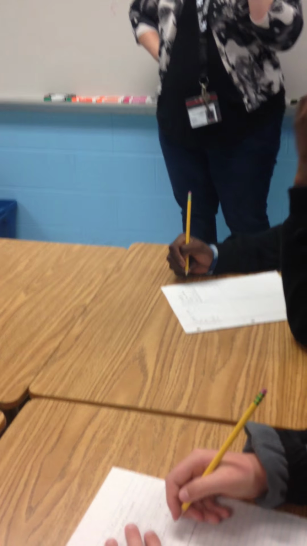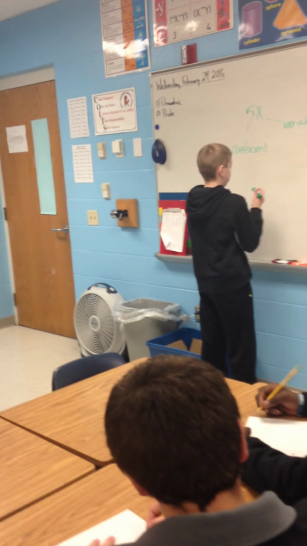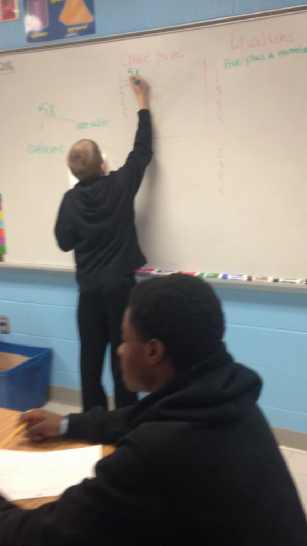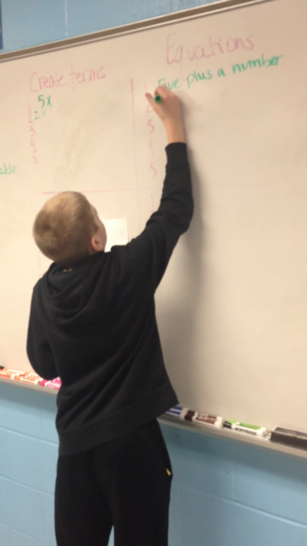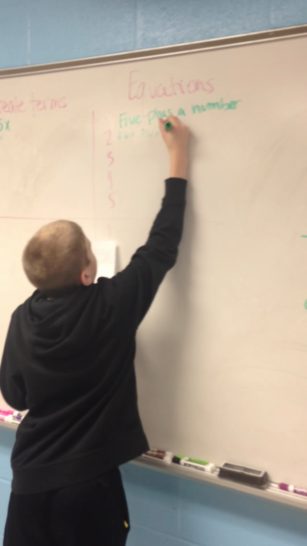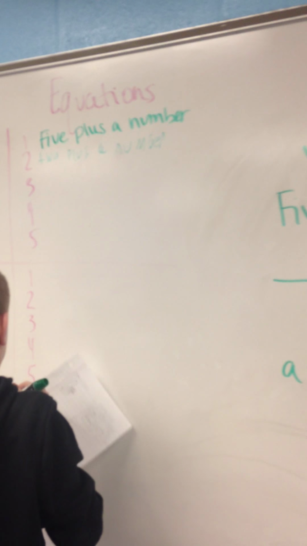We just got the last one. That's fine. CJ, come up here and write one of your equations here and one of your terms up here. And then you all got one more, 10 plus a number. Yeah. 10 plus a number. Okay, Josh, come up here and write one of your equations and one of your like terms up here.